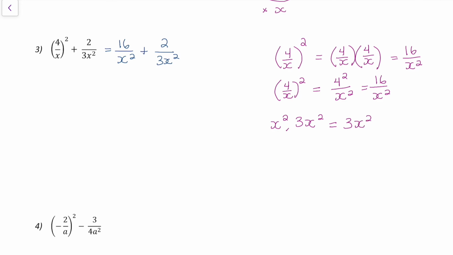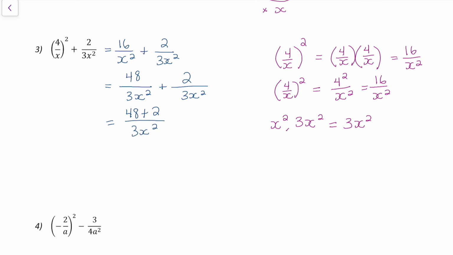So that means I want both of these to be fractions over 3x squared. To get from x squared to 3x squared, I'm going to multiply by 3, and 16 times 3 is 48. 2 over 3x squared is already over 3x squared, so I'm just going to leave it. So this becomes 48 plus 2 over 3x squared.